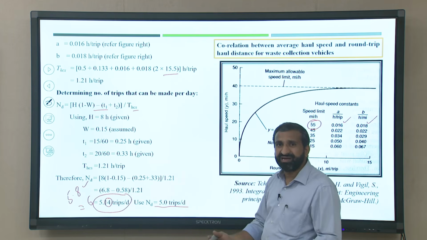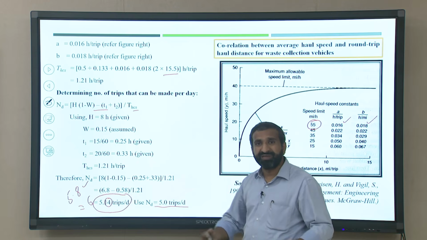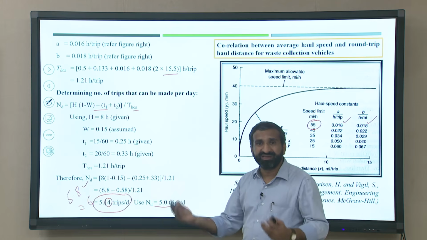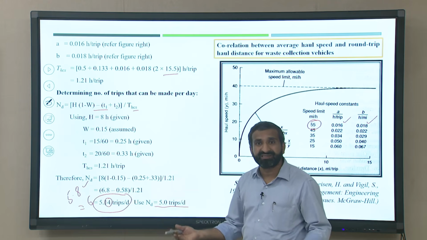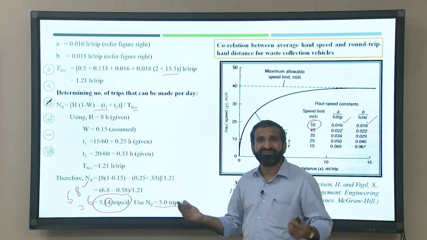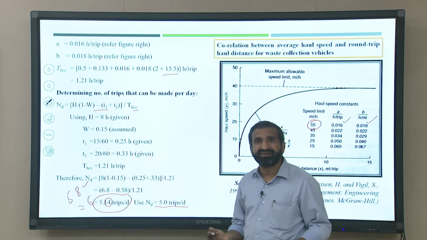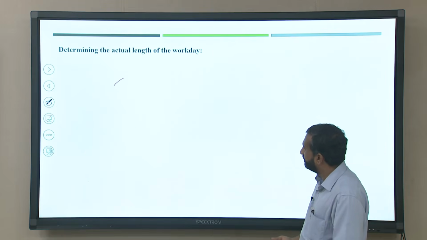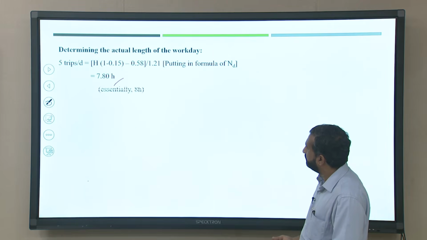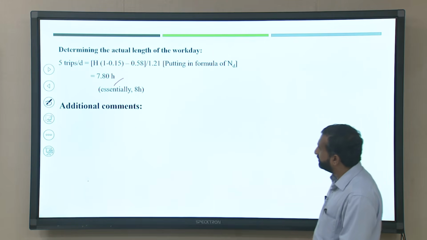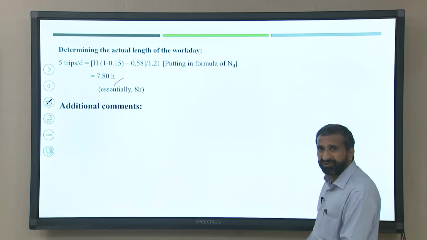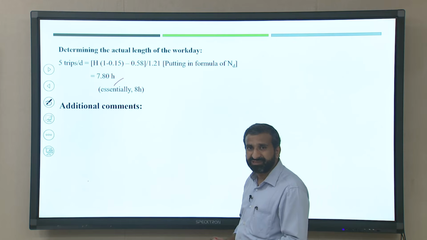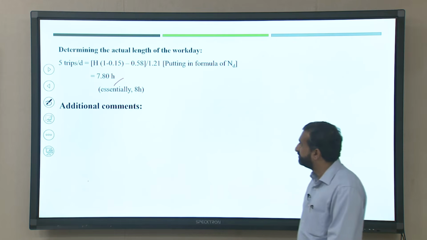So, it is possible that some manpower has to be paid extra charges for half an hour extra work or 1 hour extra work, and you can benefit by increasing the number of trips in a day. Now, what are the additional comments? So, your answer is 5 trips per day, that is possible with the given data.